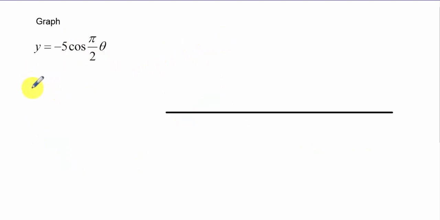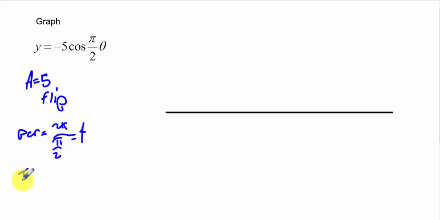Again, we'll change this here. I have an a value of 5 actually with a flip. So my a multiplier is negative 5, and my k value is pi over 2, so my period is 2 pi over pi over 2, which is 4, which makes my intervals 4 over 4, or 1.